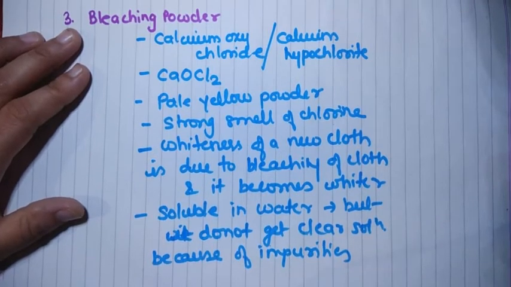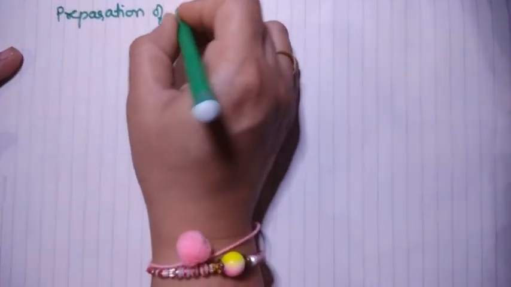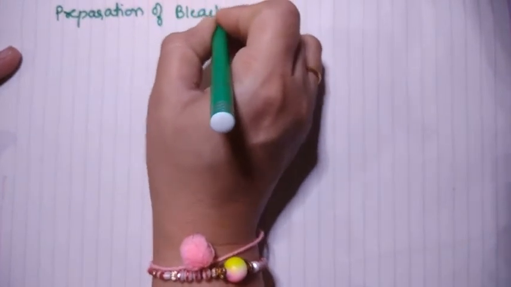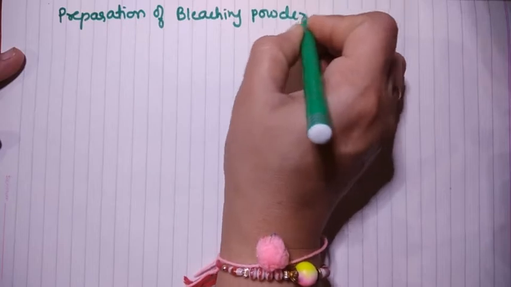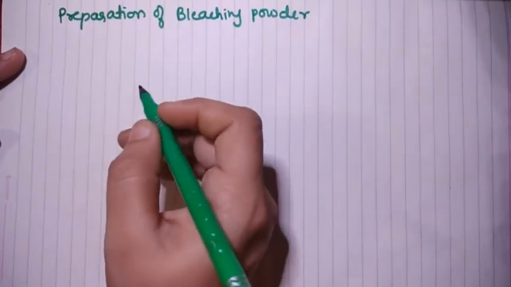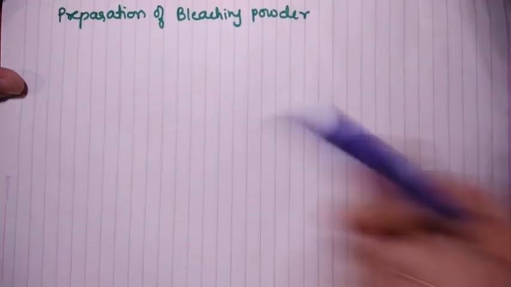Let's talk about the preparation of bleaching powder. Preparation of bleaching powder can be done by the action of calcium hydroxide and chlorine.